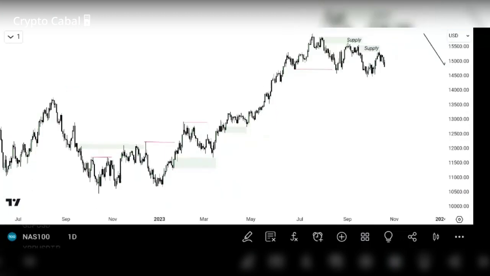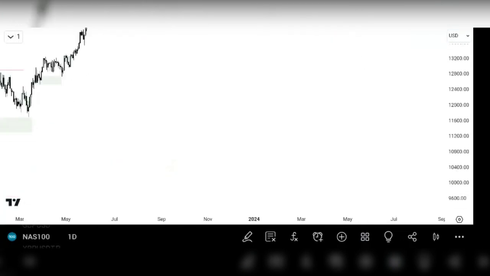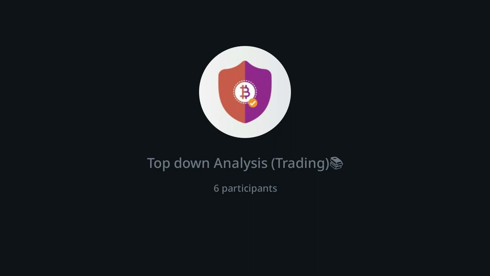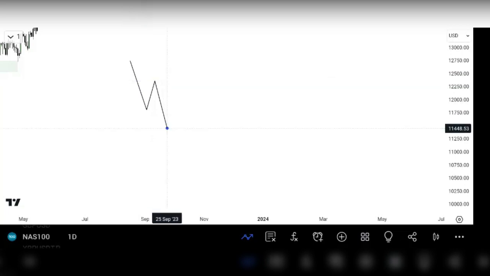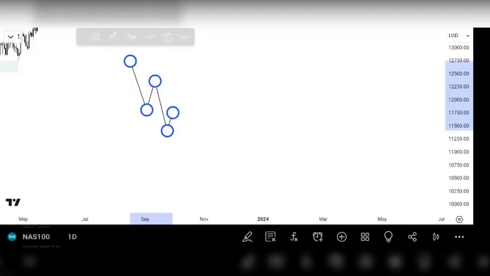It's very simple. So basically, when we are talking about top-down analysis, it's you combining everything we've talked about. Let's take, for example, when price is in a downtrend this way. You expect that price comes up to create a lower high before pushing lower. Now when you have price at this point, what should you be expecting?